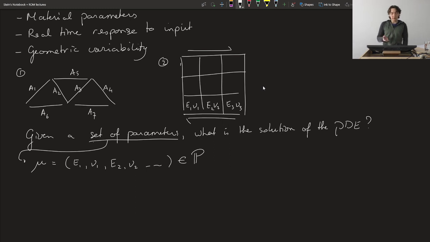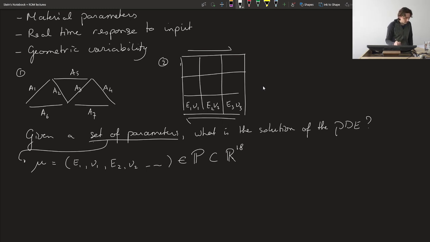So a parameter space at this point is all the possible parameters that we permit, that we allow. Yeah? So since each of these, the stiffness and the Poisson ratio, is going to be a scalar, this will be some subset of R18, as I said I had 18 parameters. Of course, we're not interested in all possible real values for the stiffness and the Poisson ratio, so we're interested in a subset of that R18.